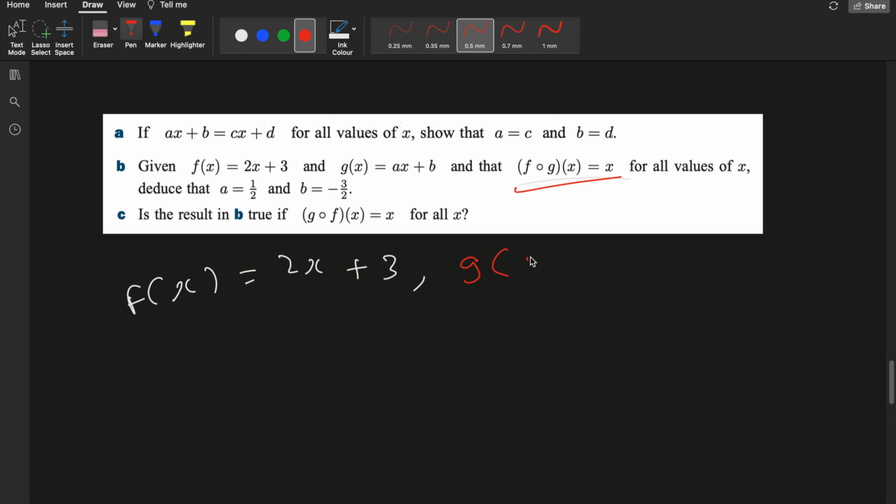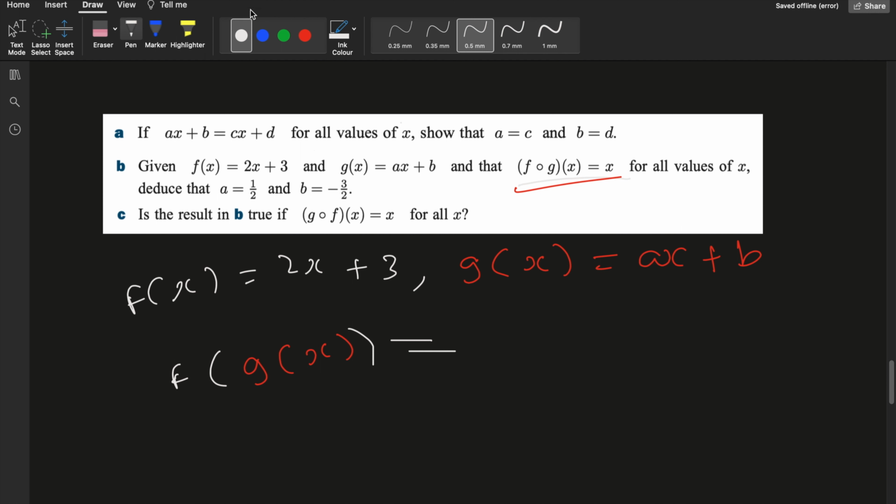So it would be g of x equals ax plus b, and now we have to do f of g of x, and this equals x. Okay, so we have f of g of x is a x plus b, and this equals x.